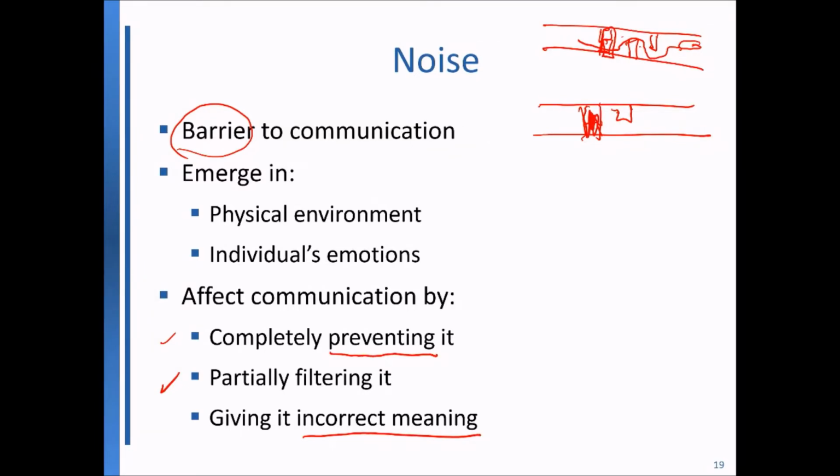When we are talking about communication, there are many types of communication. We have verbal, we have non-verbal. For example, your friend is maybe 50 kilometers away from you, and you are talking to him. We call that an example of physical environment.